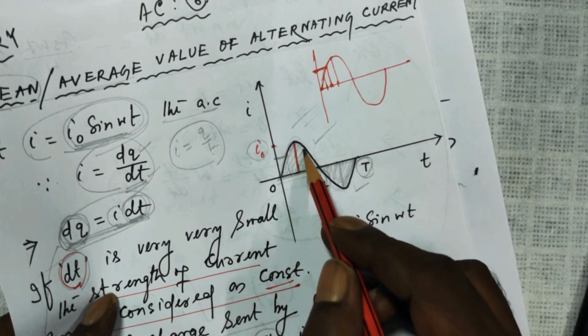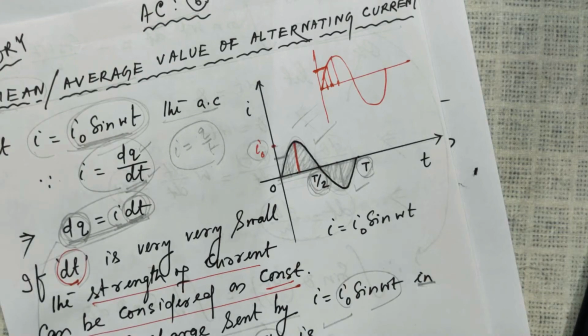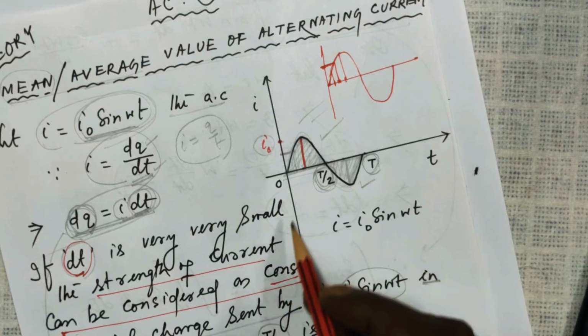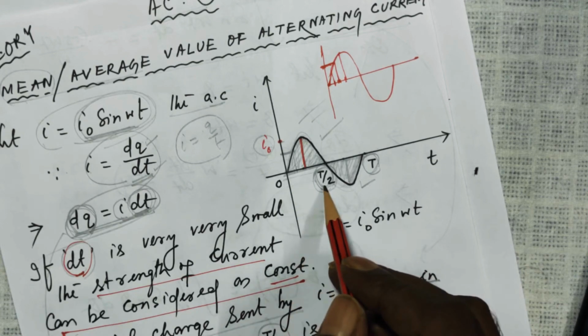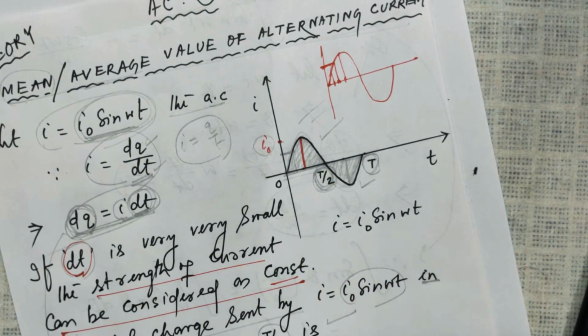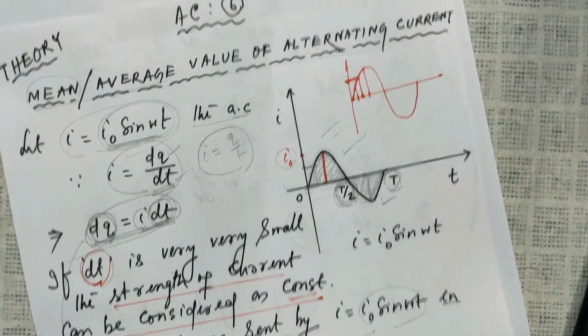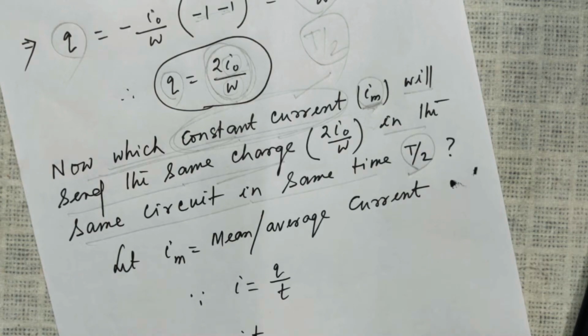If that alternating current is not flowing through that circuit, then which constant current, when allowed to flow through that circuit, will send the same charge in the same time T by 2? That constant current is called the mean value or the average value of this alternating current, right?